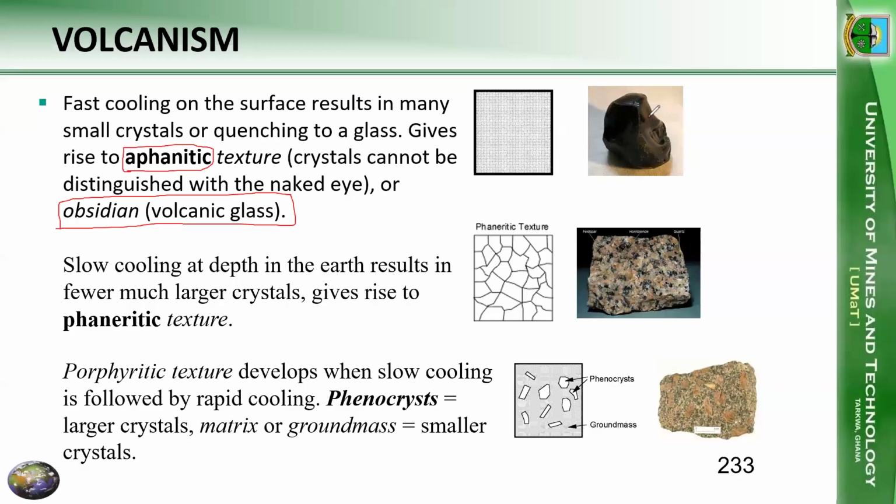So the aphanitic texture means the cooling rate was extremely fast, and so we are not going to have time for any crystals to develop well. So we are going to have this fine grain. The crystals will not be visible to the naked eye.